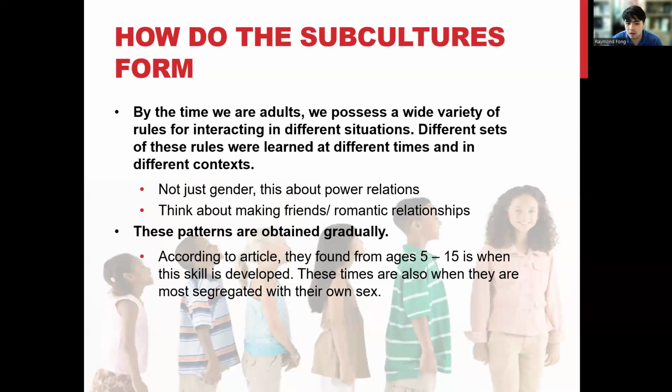Okay. Now, what's interesting though is that these patterns are obtained gradually, right? But what's really interesting about this article is that they found that from ages 5 to 15 is when the skill is developed. These times are also when they are most segregated with their own sex.